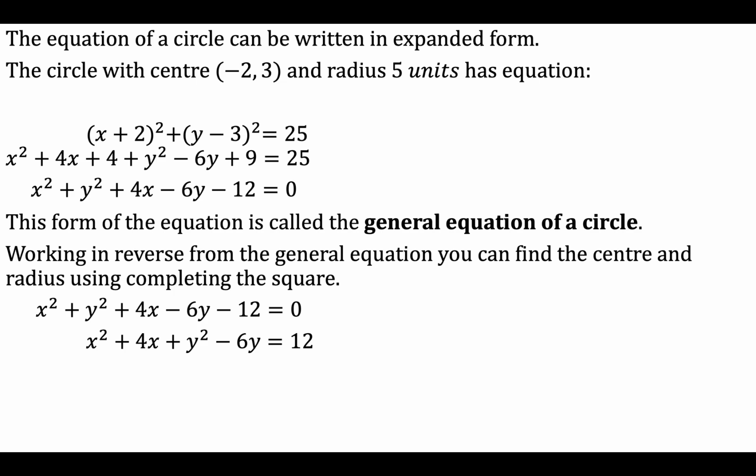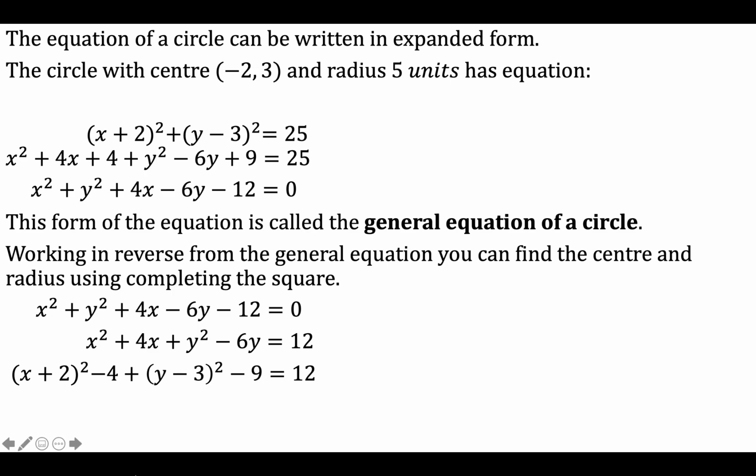I can then start completing the square. On x² + 4x, when I complete the square I'll get (x + 2)² - 4. And when I complete the square on y² - 6y, I get (y - 3)² - 9. And we know that that's all equal to 12.